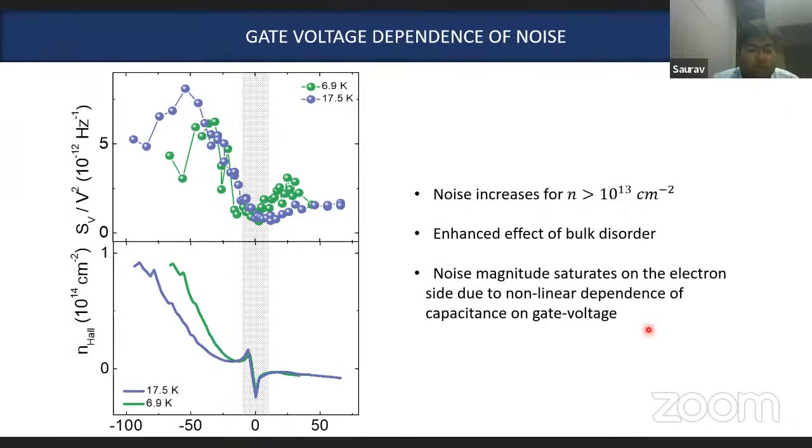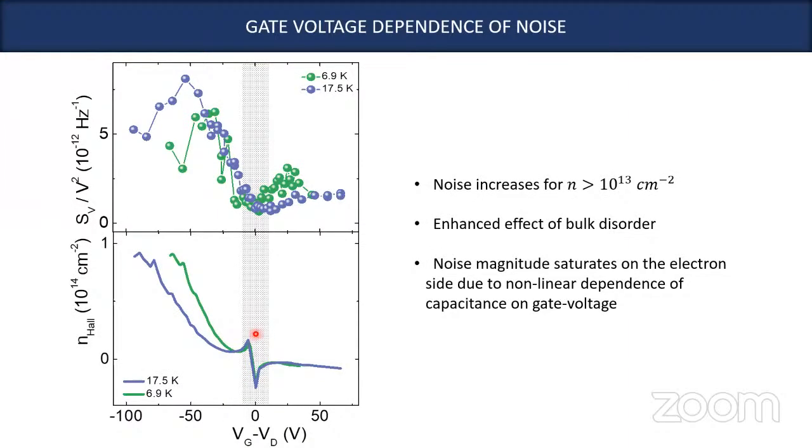The two colors indicate different temperatures, and the slope of the Hall curve changed because you have changed the number density, and the carrier type from electron to p doping.